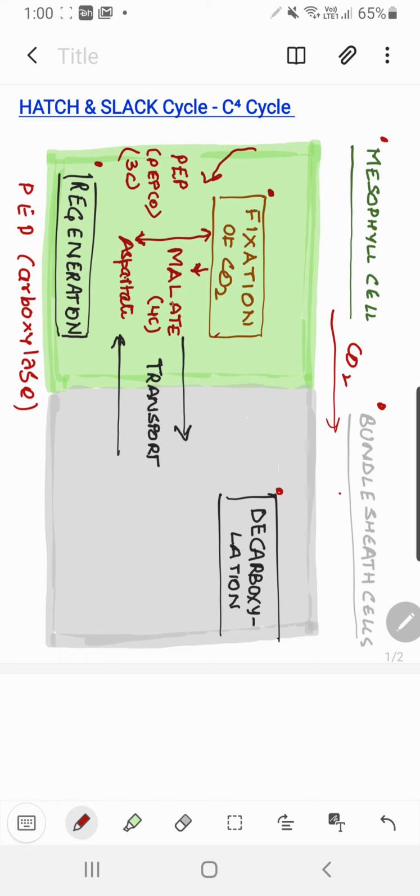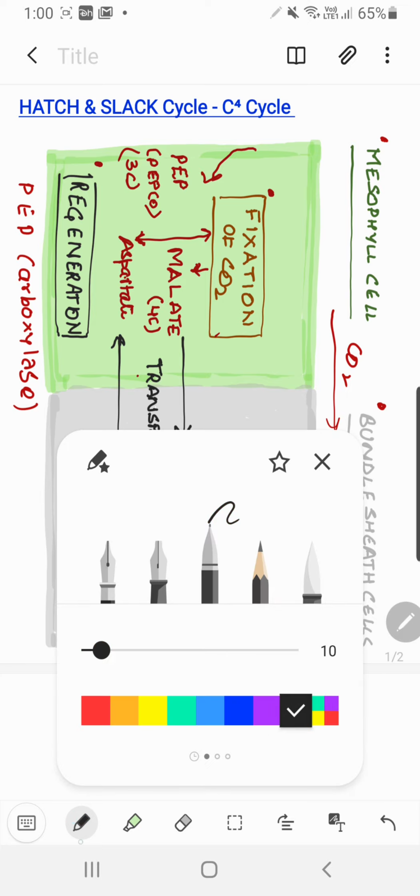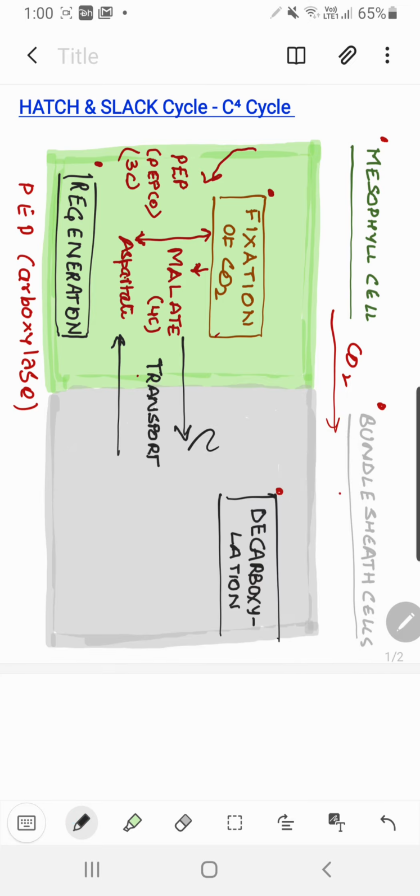So this malate, after being formed, will go towards the other side, you can see the arrow; the transport heading is important here. Here also you will write malate, and it is a 4 carbon atom compound only, but then decarboxylation is the process. You call it unloading of CO2.